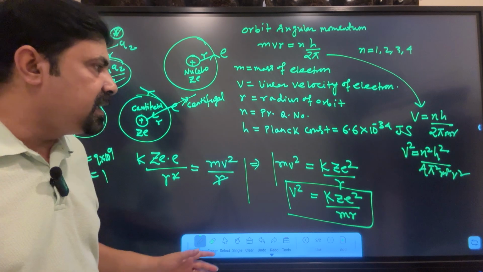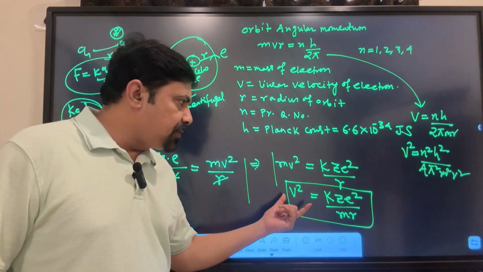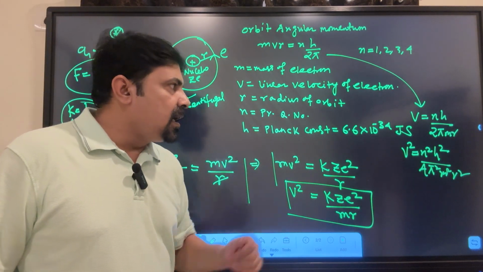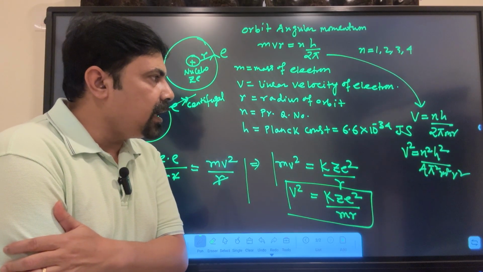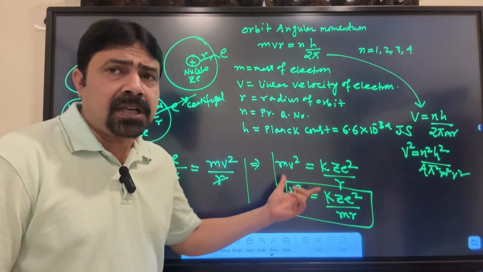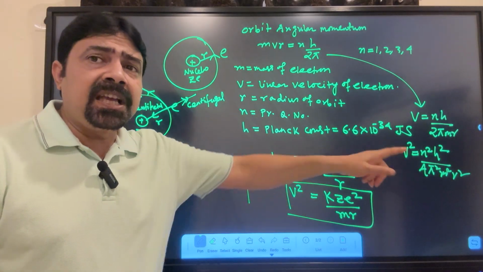Both are representing v square: here v square equals kZe square by mr, and there v square equals n square h square by 4 pi square m square r square. Since both terms represent v square, we can equate them.